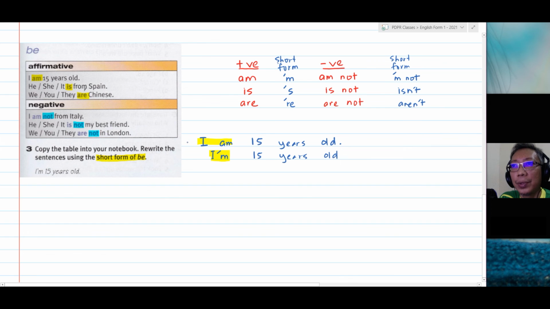Okay, we have done with number 1 before, the first sentence. Okay, the second sentence, if you take the subject he, so he's from Spain. If you take she as the subject, so she's, S-H-E apostrophe S, she's from Spain. Okay, I highlight the short form apostrophe S here.